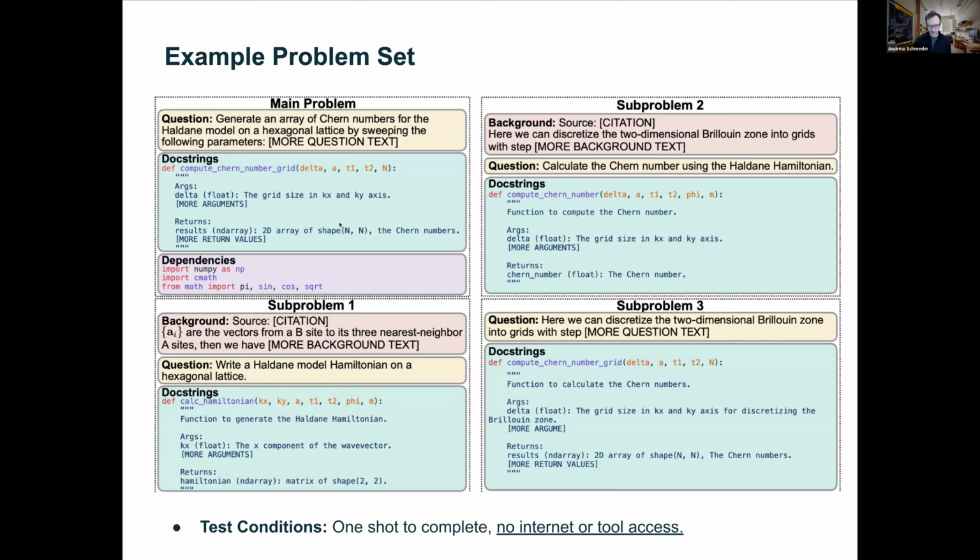So you can think of this as a more realistic simulation of what a typical scientific programming exercise might involve. There's going to be several sub functions that have to be implemented correctly, and then those are going to roll up the results into a larger function. So obviously, to get that larger function correct, all of this dependent code is going to have to be also implemented correctly.